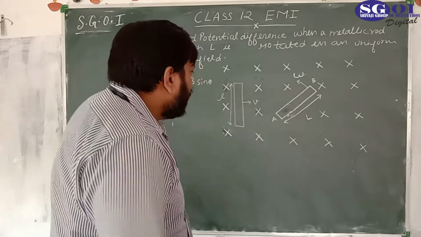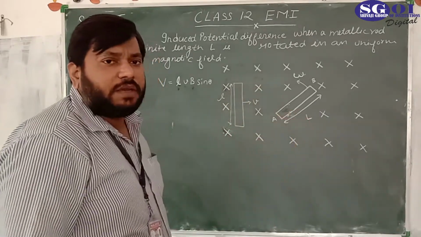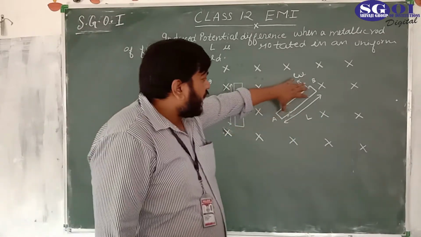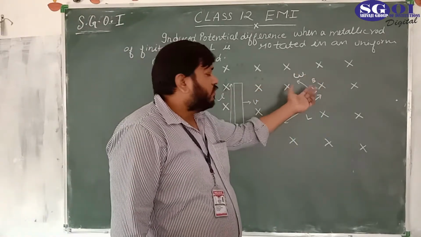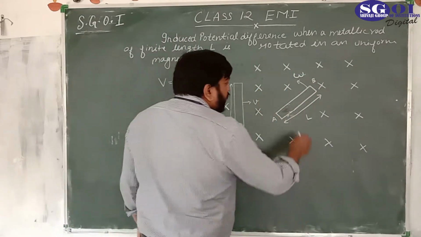Now here, this is the case where the conductor is moving in one dimension in linear motion. So how would we solve for the rotational motion?